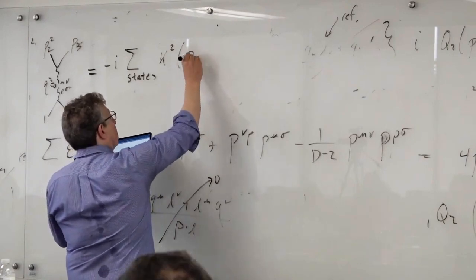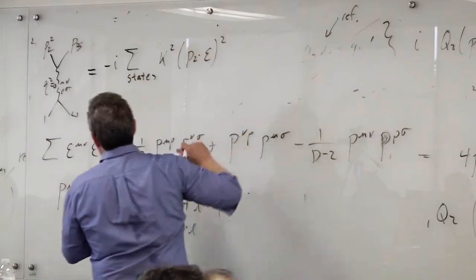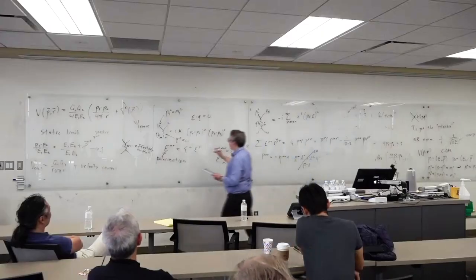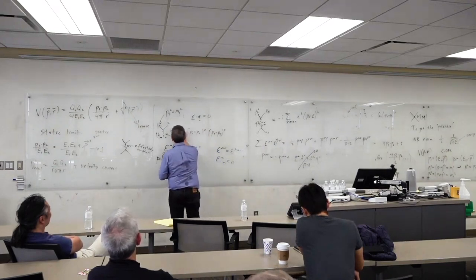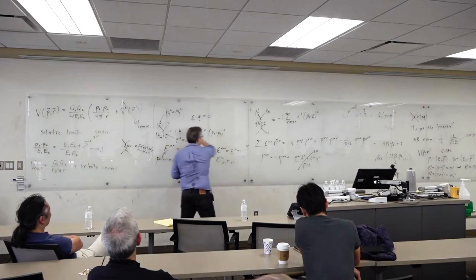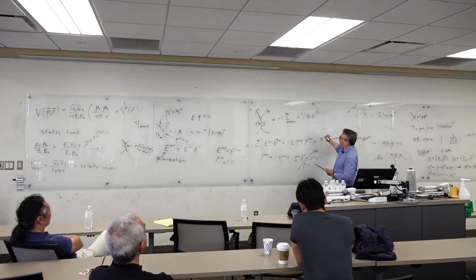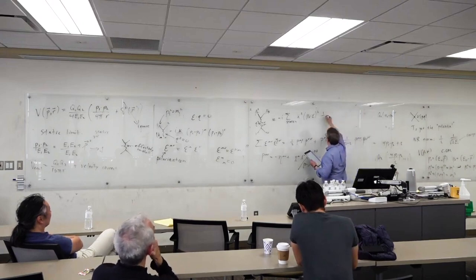I'll write this P2 dot epsilon squared. Oh, there's some factors of 2. Oh, I know what happened to the 2's. Probably should have been a cap over 2. Okay, never mind the normalization. There's some 2's I have to take care of. Okay, then 1 over q squared.